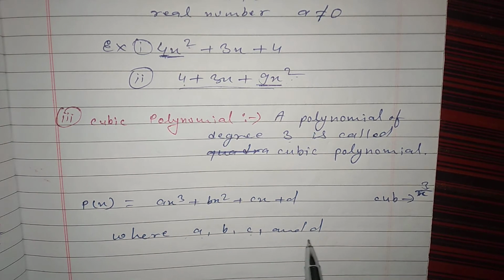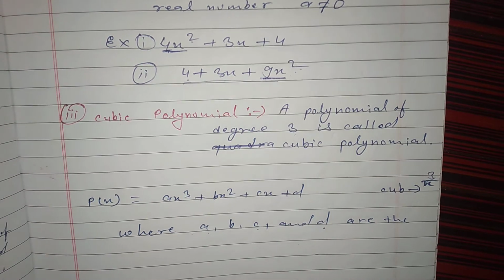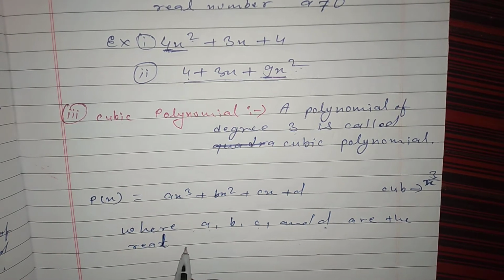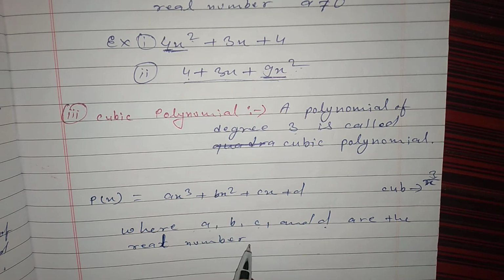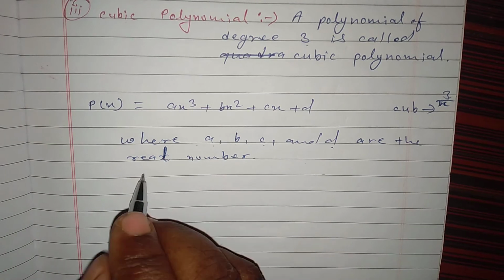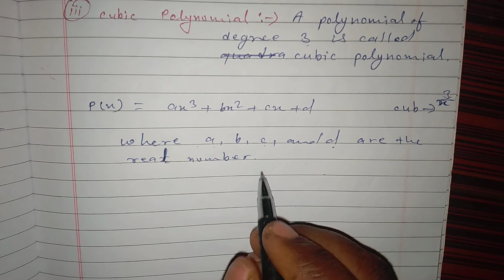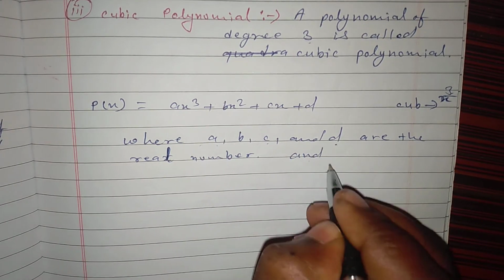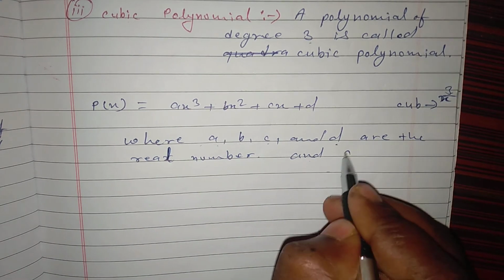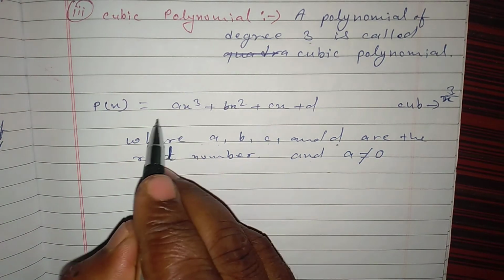A, b, c and d are real numbers, and a is not equal to 0, which has the highest power.